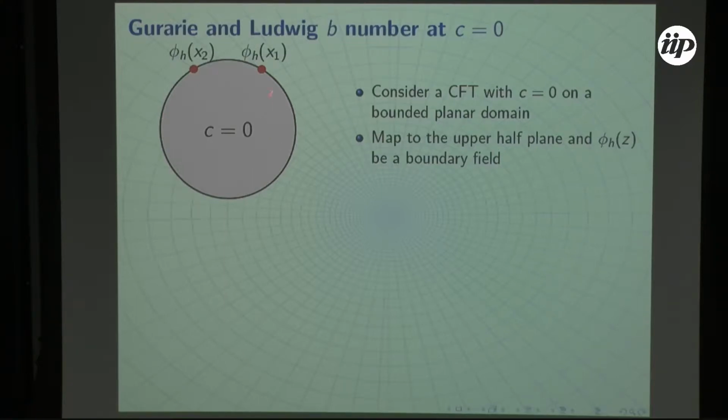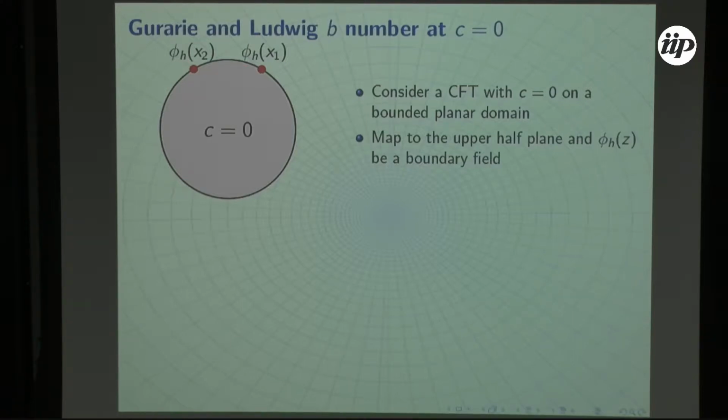If you consider, for instance, a disk, a finite domain of the plane, inside this domain there is a well-defined percolation problem, so c equals 0 CFT, conformal field theory, and you want to study, for instance, correlations of observables which are on the boundary of this domain. Then correlations of observables on the boundary are rather special.